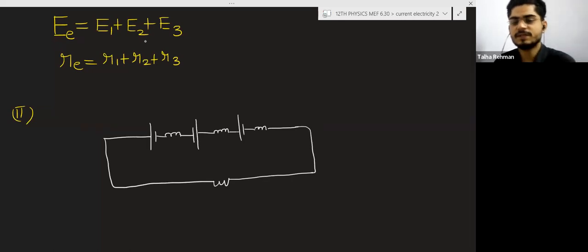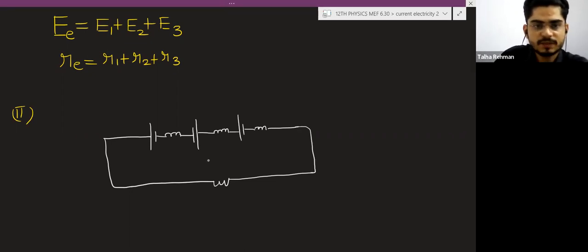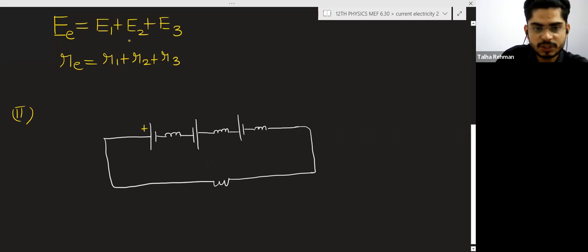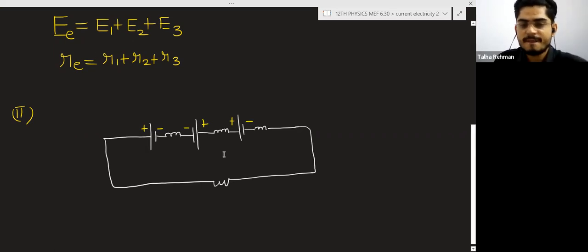It is not necessary that the negative terminal of a cell will be connected to the positive. So just see how I have connected. This is positive, this is negative, this is negative, this is positive, this is positive, this is negative. So here both types of things are present. Negative and negative terminals of two cells are connected, positive and positive terminals of two cells are connected, and one positive terminal of a cell is connected to the negative terminal of a cell.